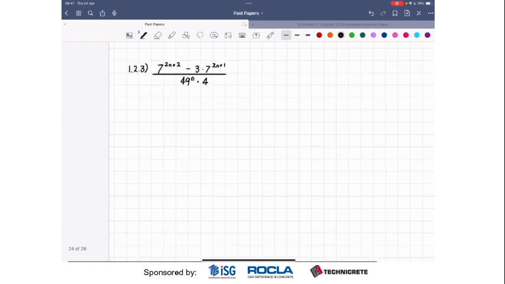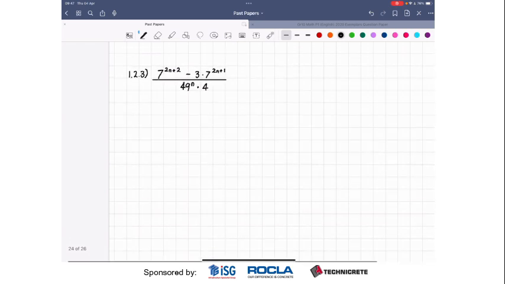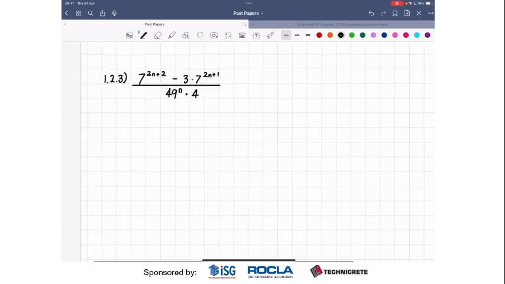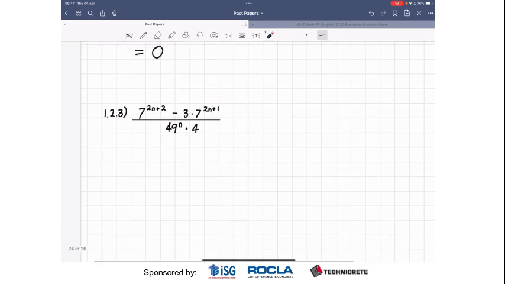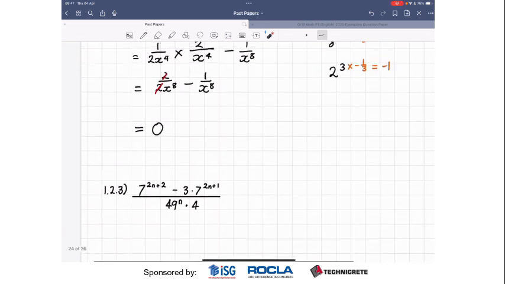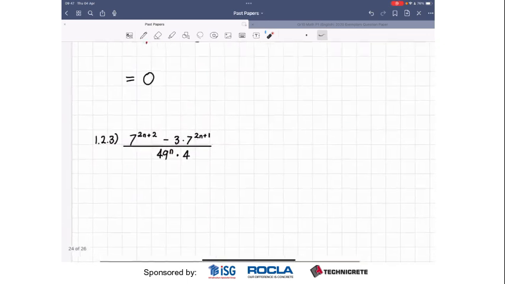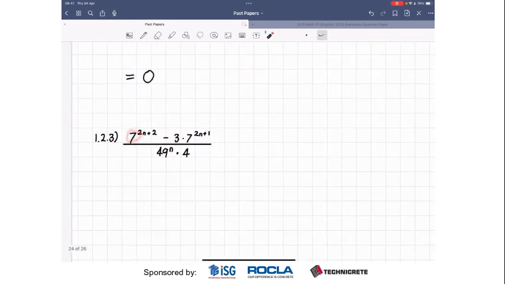Okay, the next part, 1.2.3, I've got exponents again. And now I remember, like in the previous one, when I had the same base and the exponents were multiplied together, they were just added. So that means that if I've got 7 to exponents that are being added, that's the same as having 7 to the first exponent multiplied by 7 to the second part of the exponent.